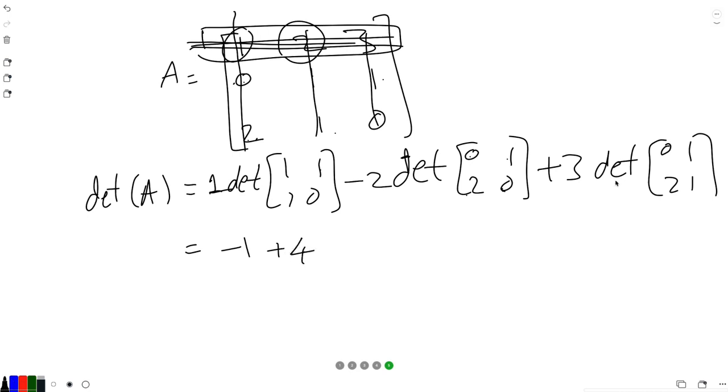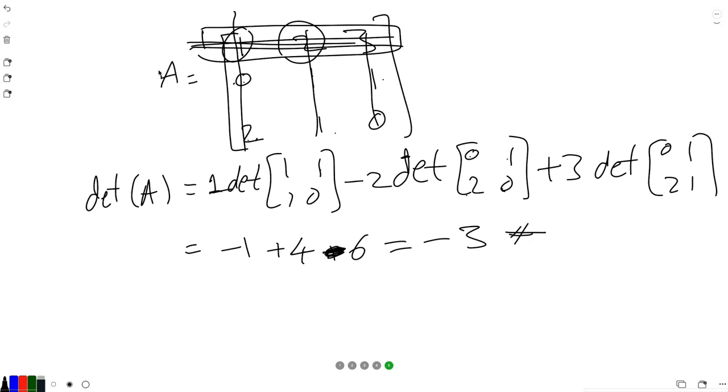And finally, plus 3 times this determinant: 0 times 1 is 0, 0 minus 2 is -2, it becomes -6. Then the result will be -1 plus 4 is 3, 3 minus 6 is -3. So the determinant of this matrix is -3.